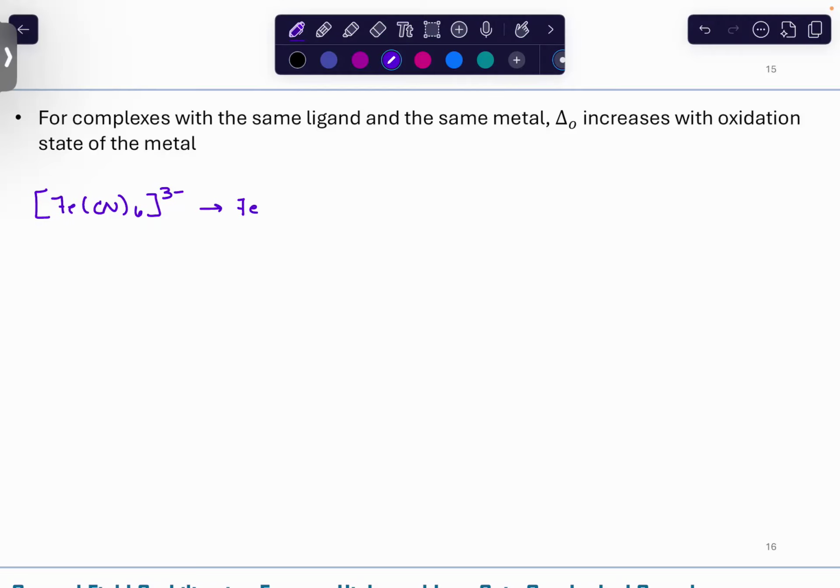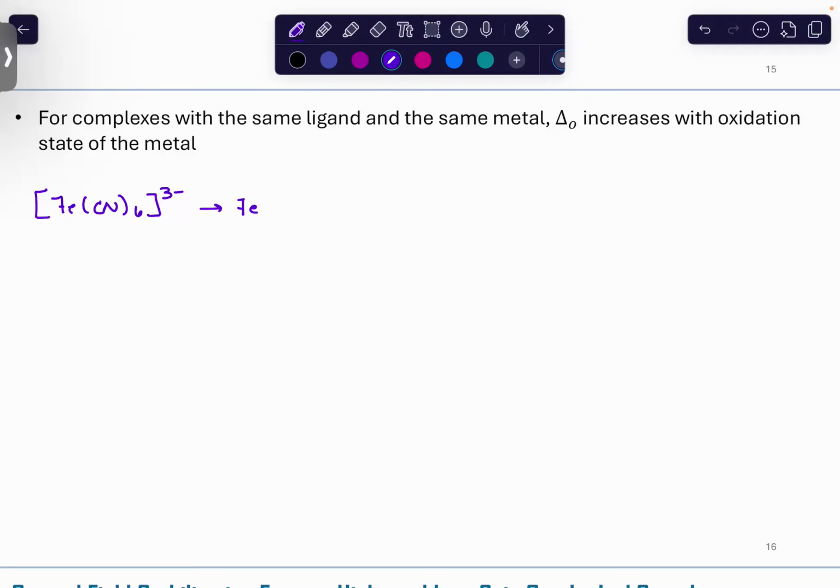No. Well, which one? For the iron, the metal has to be positive. What is the charge on the cyanide ion? It's -1. So wait, this isn't the same as oxidation number. Yeah, it is. I've thought about this in an OChem way, so it might be a different way of looking at it.